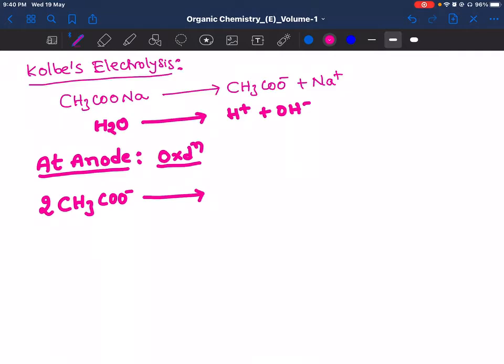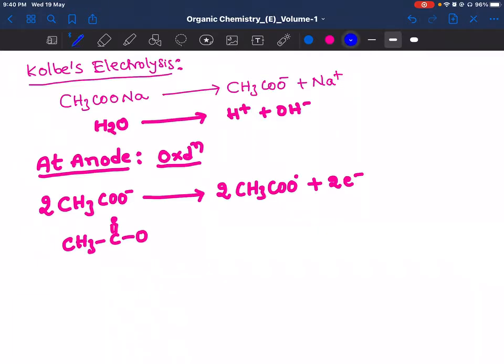So this acetate ion loses an electron. Each acetate ion gives one electron to the anode, and there we get two electrons. I will show you how it is happening. See, the double bond O. Oxygen is a 6th group element, so it forms one bond.